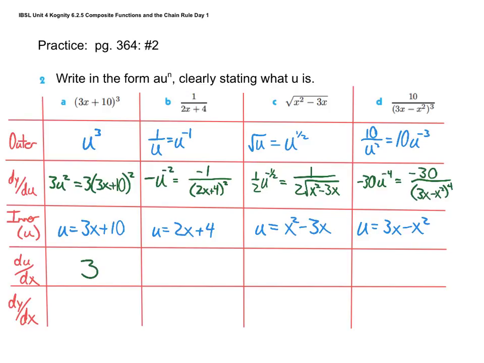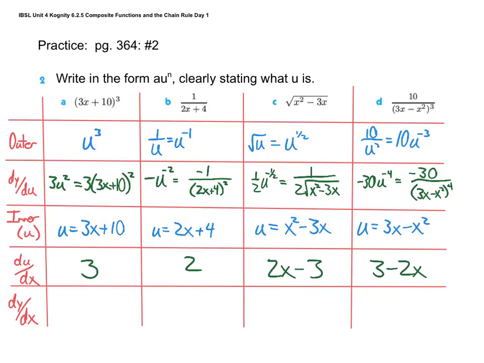Okay. The derivative of 2x plus 4? 2. The derivative of x squared minus 3x? 2x minus 3. And the derivative of 3x minus x squared? 3 minus 2x. Okay?